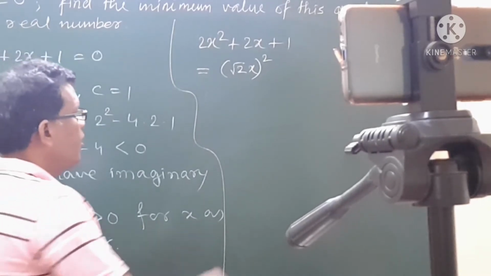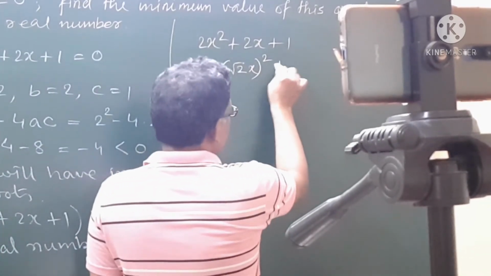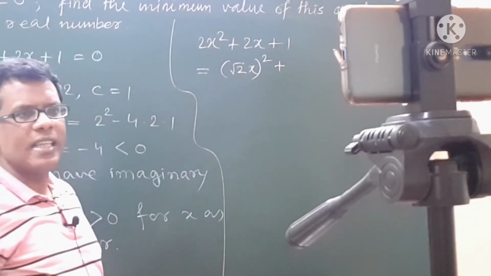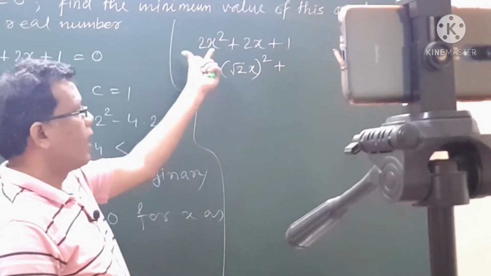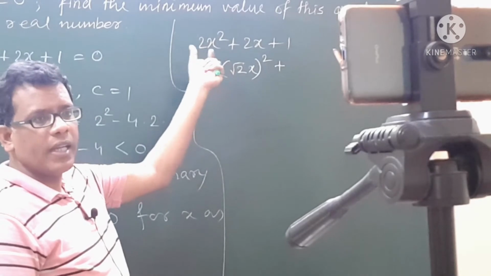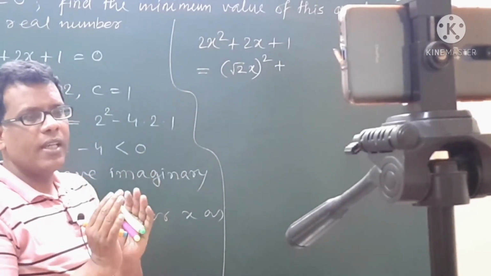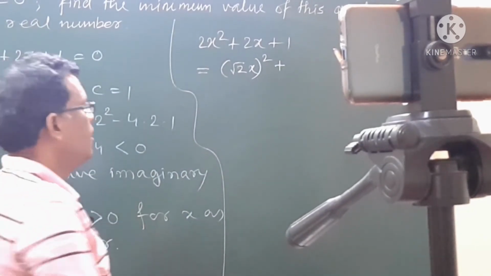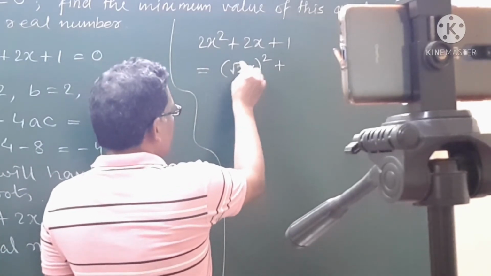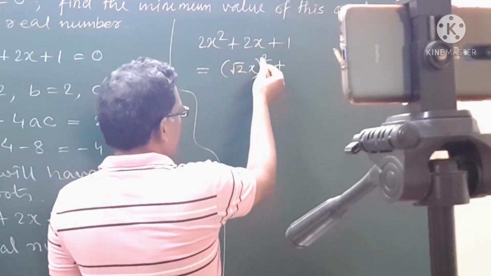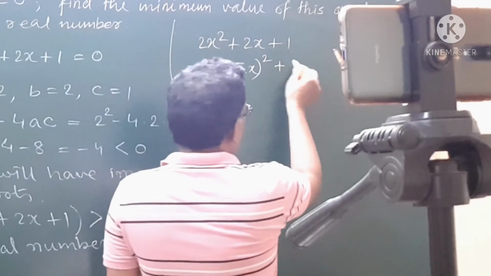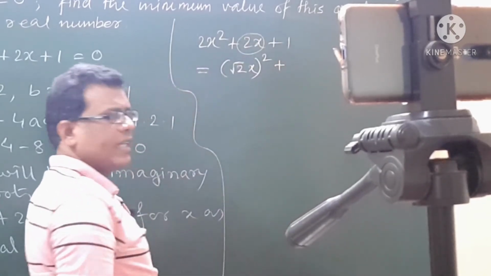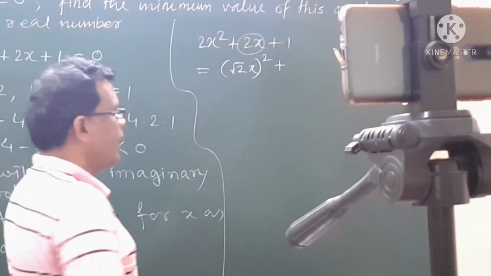I can make root 2x whole square such that root 2x is now a, because I have to make the first part, the square of x part, into the square of a term. So a square means a must be root 2 into x, so the whole square of it will be 2x square, plus the middle term I will break in the form of 2ab.